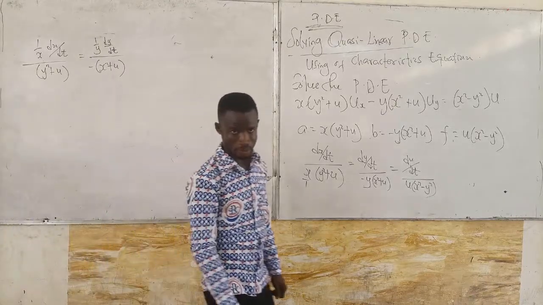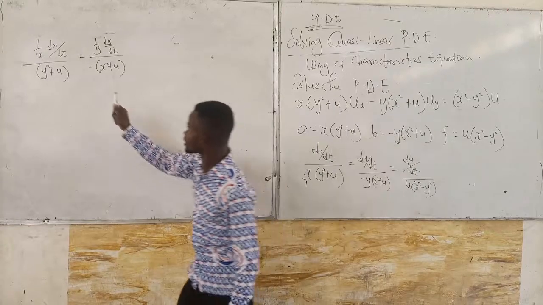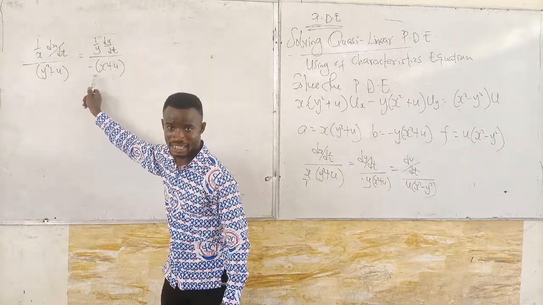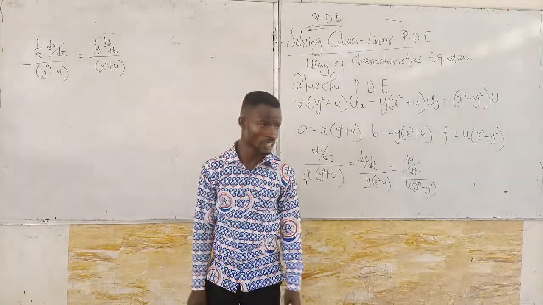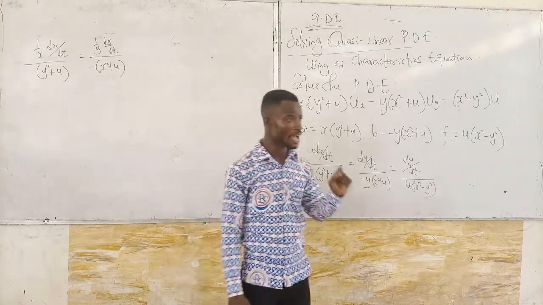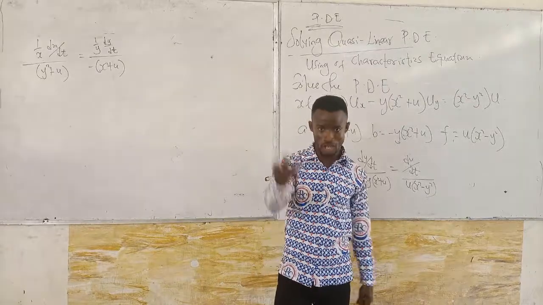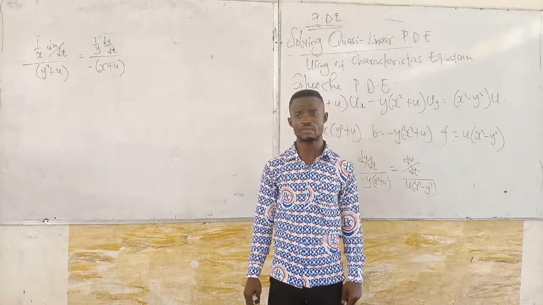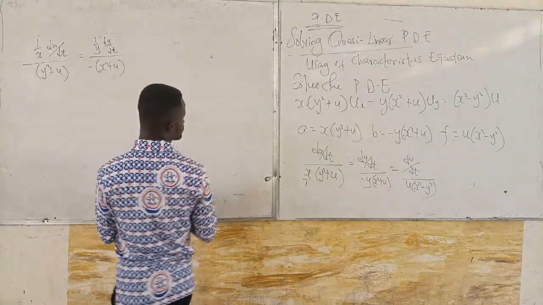Please watch it here. We have equated this and this, right? But we can't work with this because of the u. So we have to apply the algebra, and you will agree with it now.